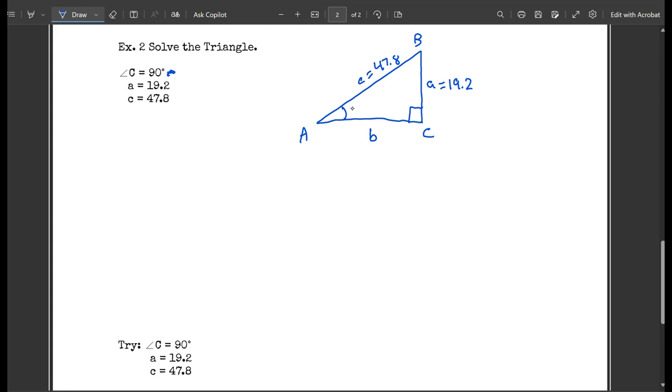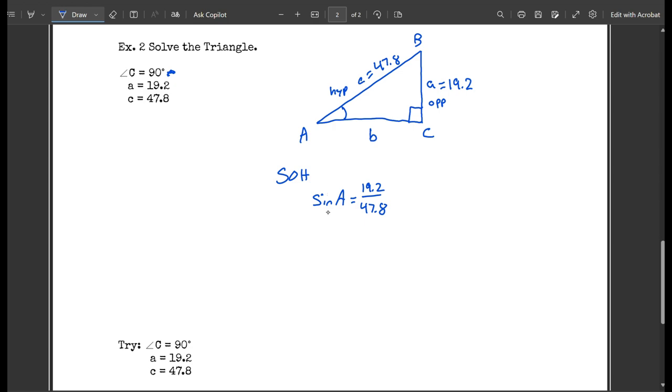All right. So in reference to A, we have the opposite and the hypotenuse. From SOHCAHTOA, that's opposite over hypotenuse. So the sine of A, meaning angle A, is going to equal the opposite, 19.2, over the hypotenuse, 47.8.